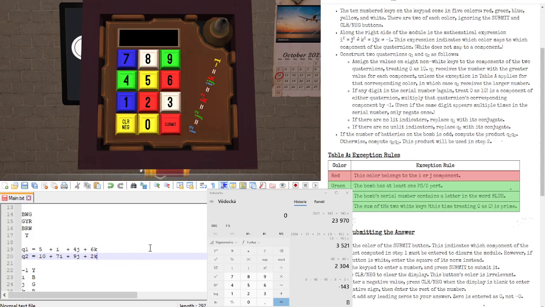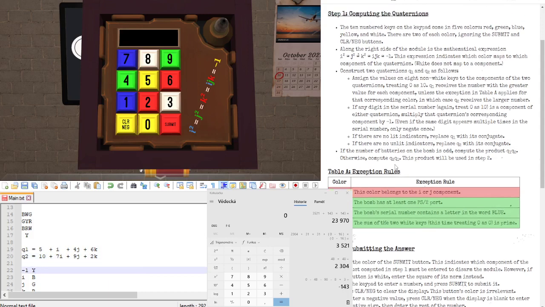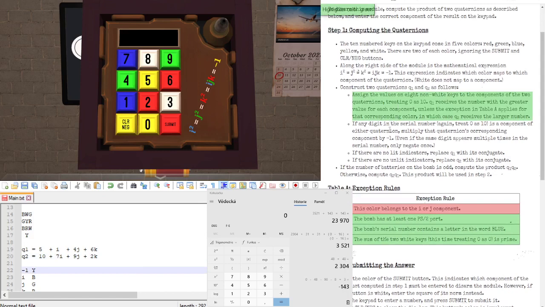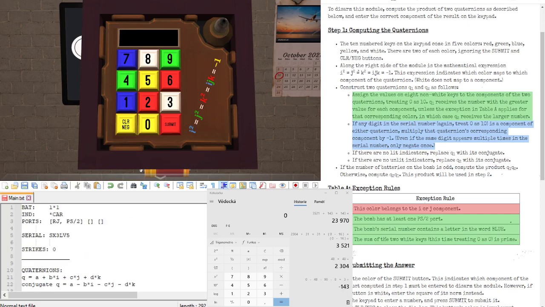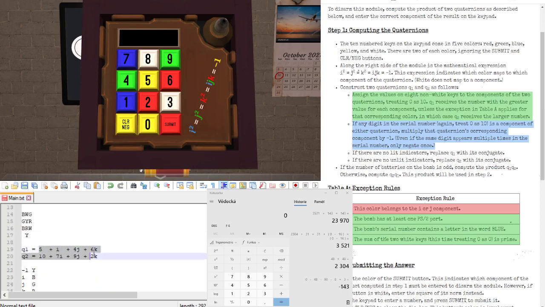However, these are not the quaternions we need to multiply yet, because we did only the first part. Now we need to negate the components that have the same coefficient as the digit in the serial number, treating 0 as a 10. So what serial number digits do we have? We have a 3 and a 5. Therefore, we look if we have a 3 and a 5 here.